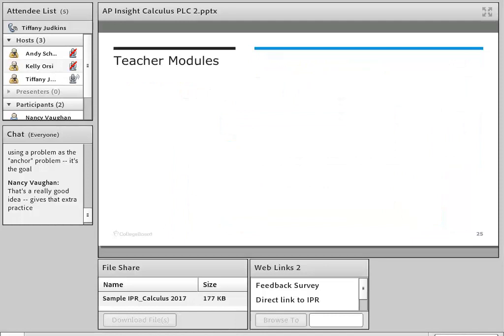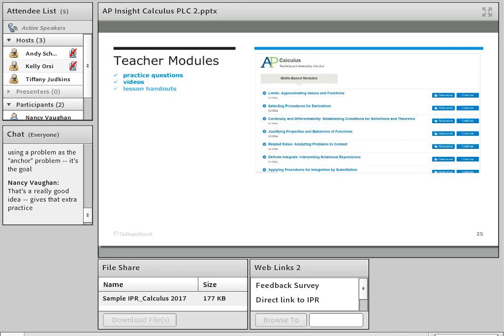Another resource that we have available that's entirely free to all AP Calculus teachers, not just the AP Insight ones, are the teacher modules that were released last year. These include practice questions that are FRQs, modeled after the AP exam. They include videos modeling strategies in actual teachers' classrooms.